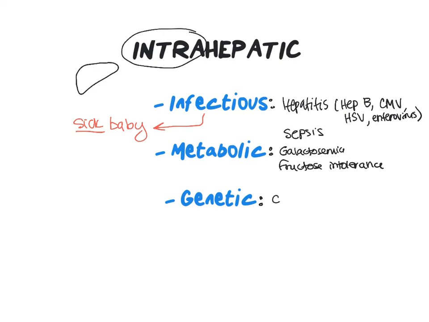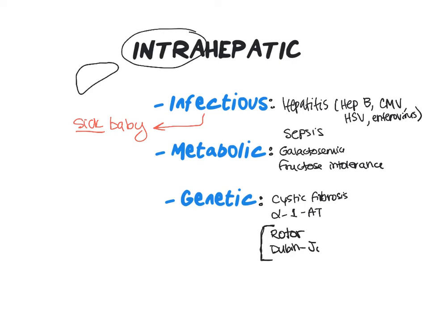So cystic fibrosis is one, alpha 1 antitrypsin, and then the other two genetic enzyme problems, which we didn't talk about. So previously we talked about Gilbert syndrome and Crigler-Najjar. So those cause problems with indirect bilirubin. The two genetic problems that cause problems with direct bilirubin are Rotor syndrome and Dubin-Johnson.